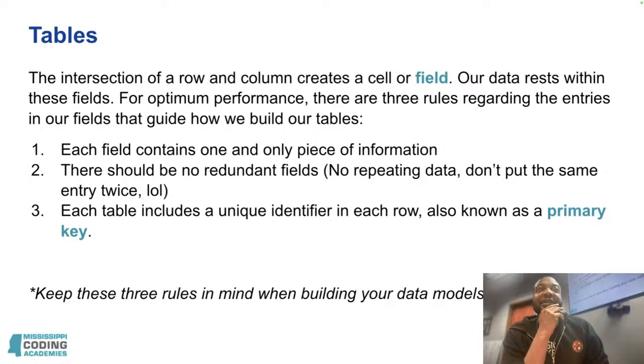Three, each table includes a unique identifier in each row, also known as a primary key. This is how we are able to separate the entries from one another, and that they all have a unique identifier. The basic one we use is ID.